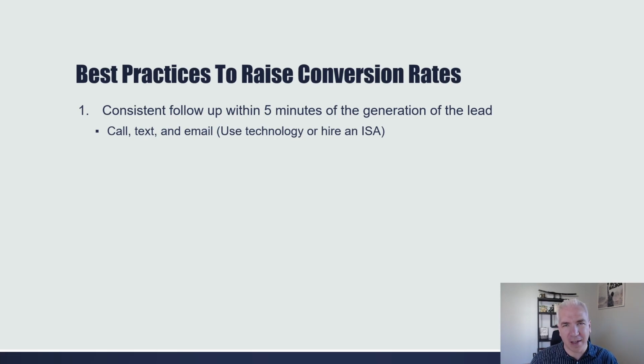Phone calls would be next, and then email has the lowest response rate of everything that we've tested. So we do recommend being able to touch base. You want to have some kind of technology that's helping you be able to reach out within the first 5 minutes of the lead being generated, especially in times where you're not available to contact them.